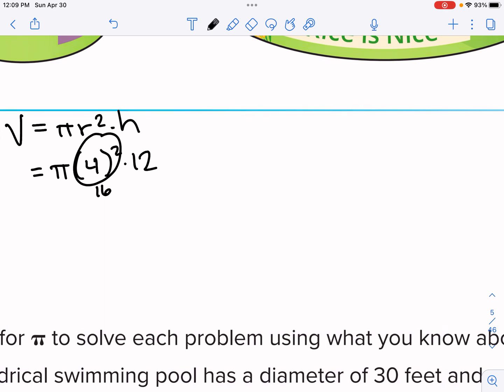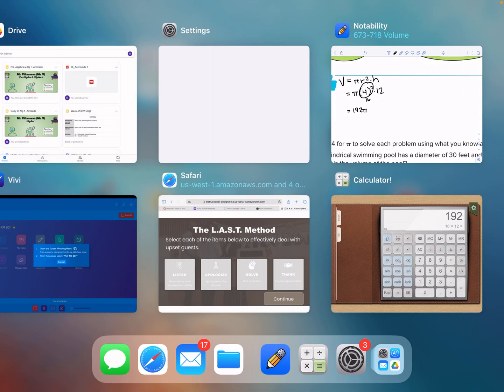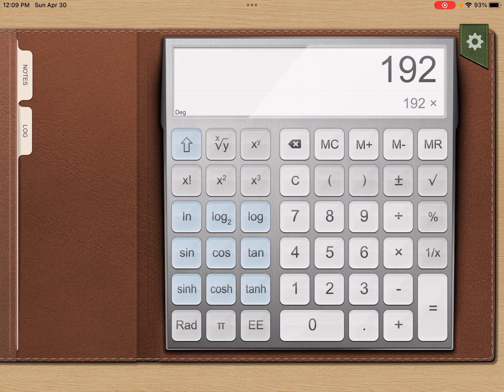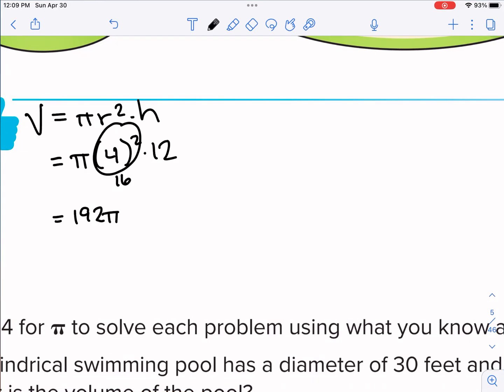So 192 pi, and now let's multiply 192 by 3.14. 60288. I'd like to see that.